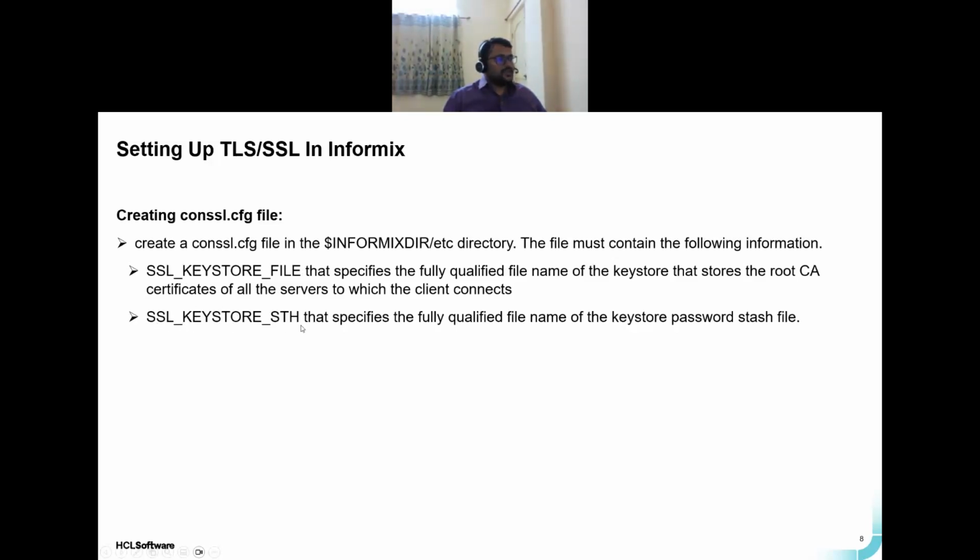If the stash file name is the same as the key store file, like client.p12 and stash file name client.sth, then we don't need to provide it. If the client key store name is client.p12 and the client stash file name is something like client123.sth, then we have to give the sth file also using this parameter.